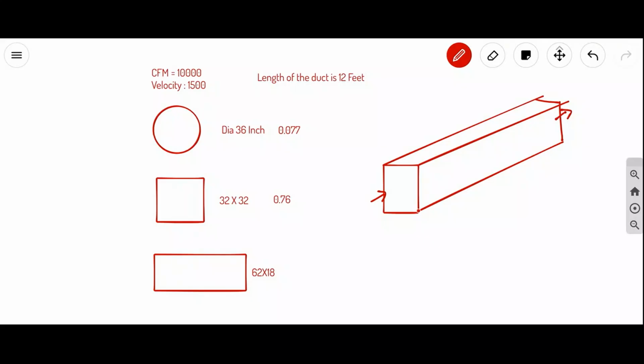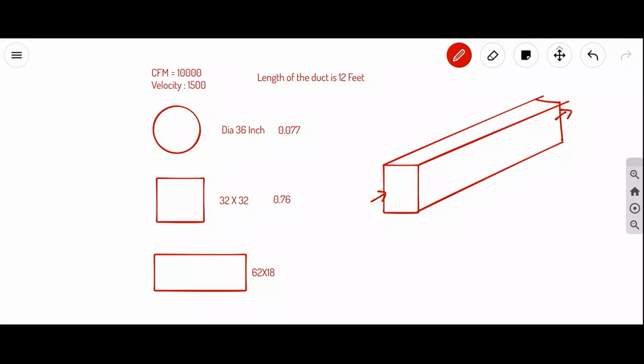If the contact area increases, the surface area increases, that leads to more friction loss. When there is more friction loss, you need higher capacity blowers, and higher capacity motors. Am I right?